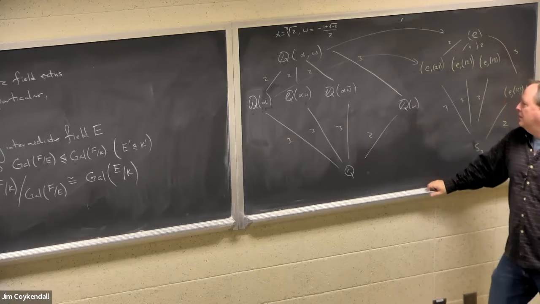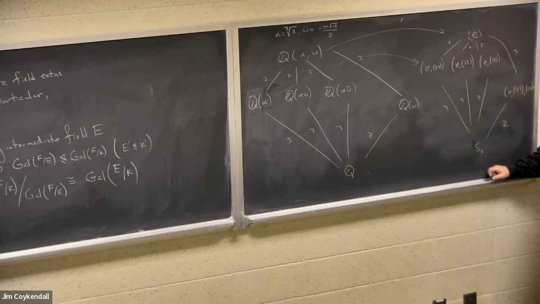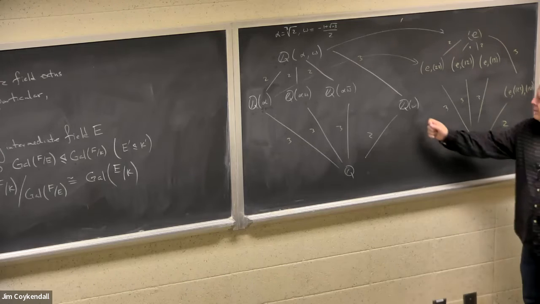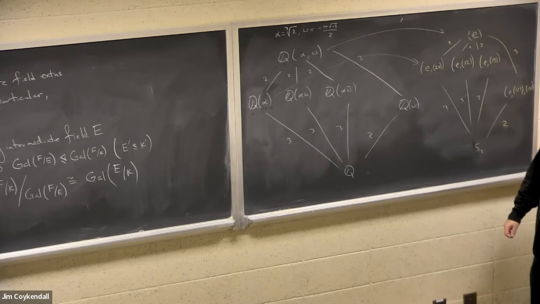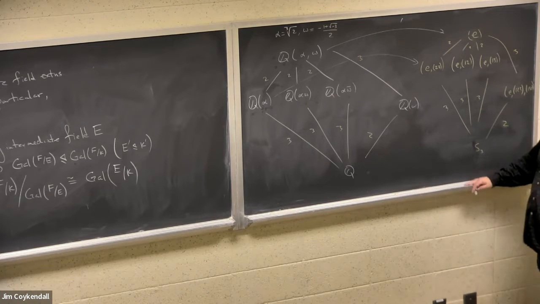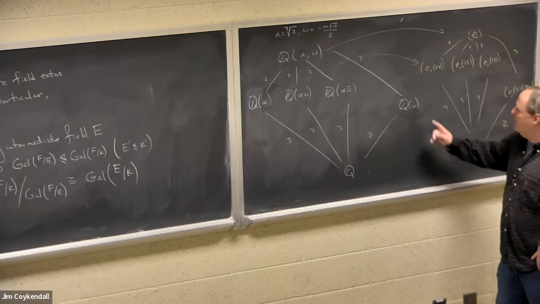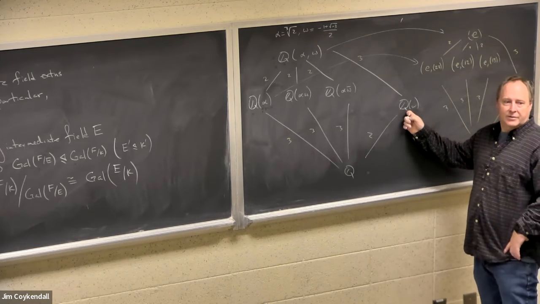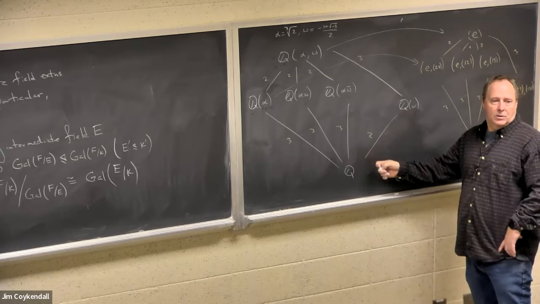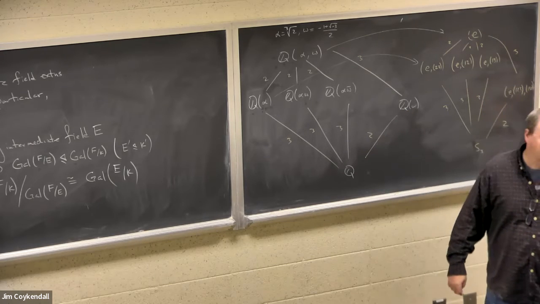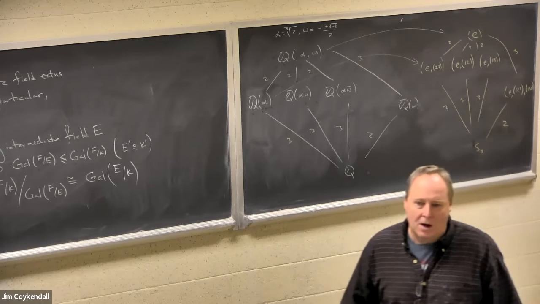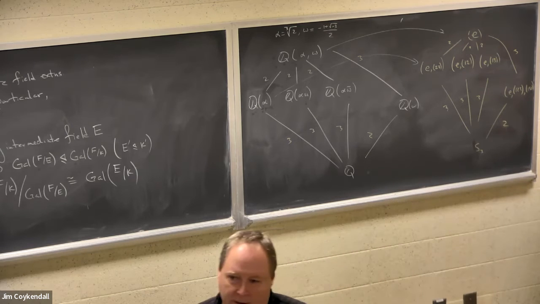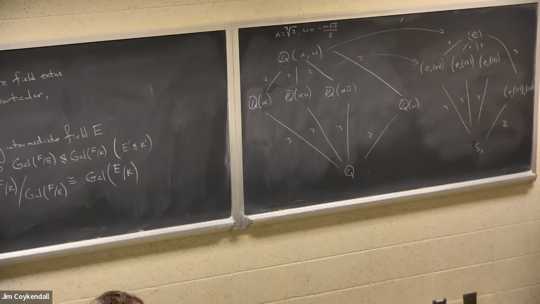This one, however, corresponds to a normal subgroup, one of index 2. This one is Galois, right? Because if you look at the automorphisms of this that fix Q, basically the only automorphisms of Q omega are the identity and complex conjugation, right?